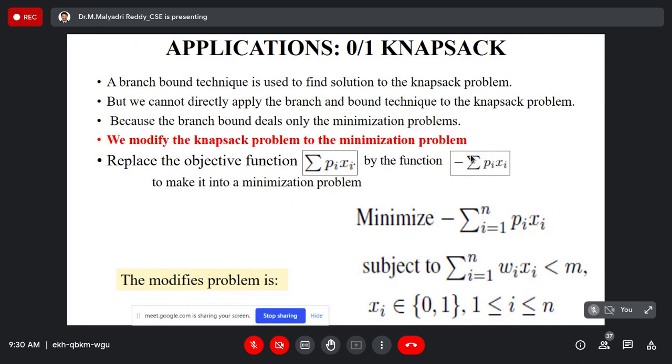This is the maximization formula for the knapsack: sum of pi xi. If I insert a minus for that, the maximization becomes minimization, and vice versa. So here we have to use the minimization method. Simply place the minus in front of the profit. The rest of the things are all the same.